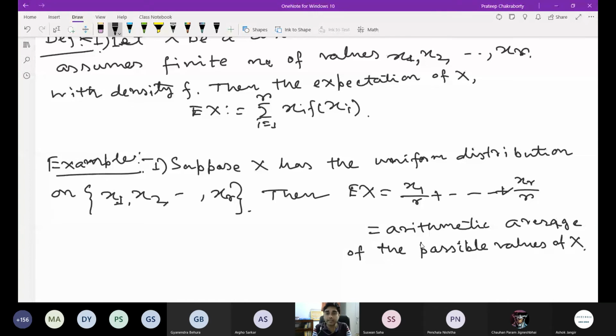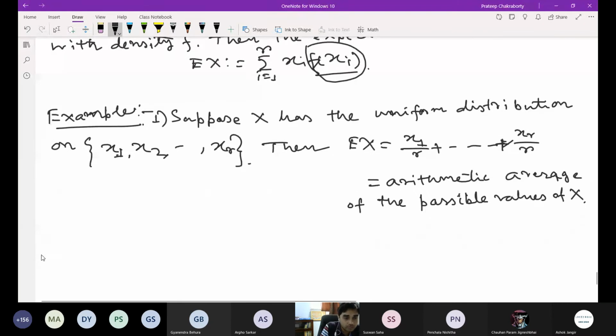See, each of these xi has the coefficient 1 by r. In the previous case the coefficient is f of xi, and in this particular case each of them has the coefficient 1 by r.